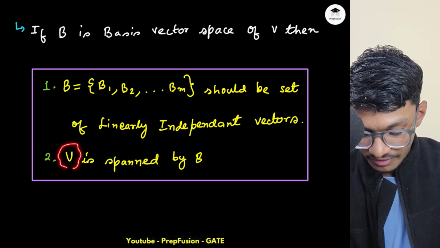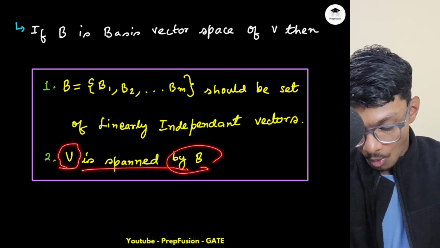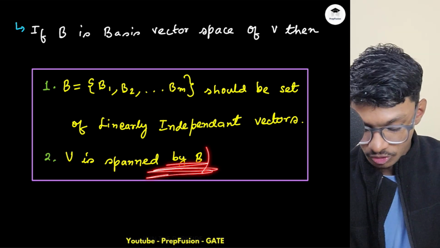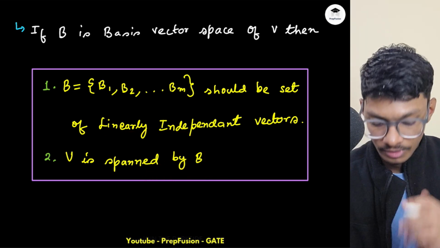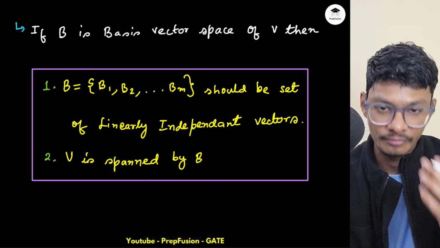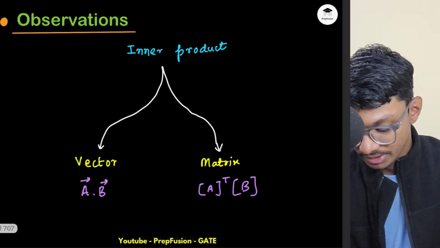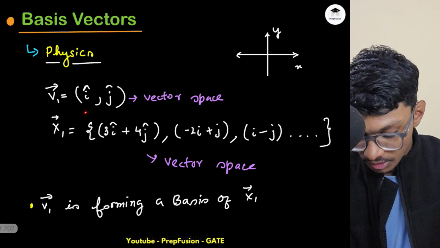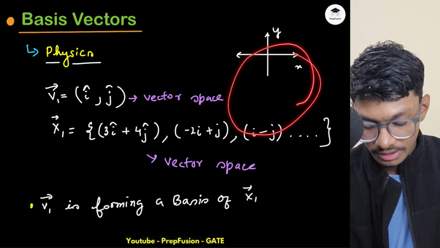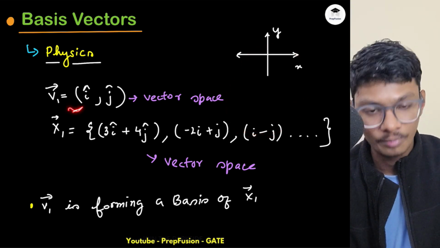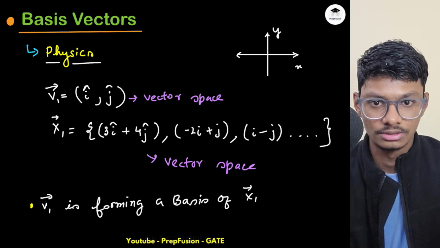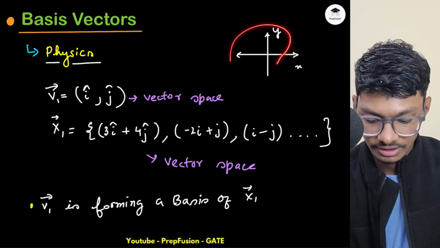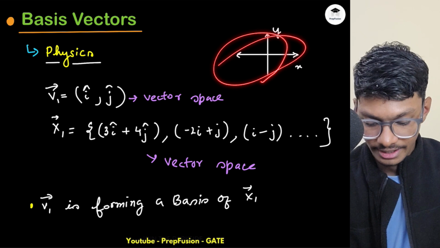And also V is spanned by B, so all linear combinations of B should equal V. As we saw, with i and j, can I cover all of the xy plane? Yes, with all linear combinations like 5i plus 6j, 4i plus 3j, I can cover the whole xy plane.